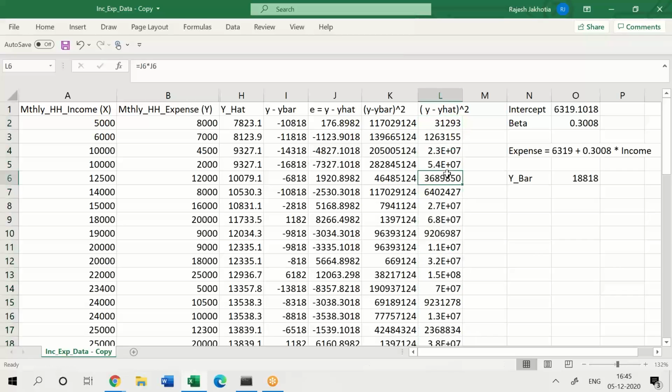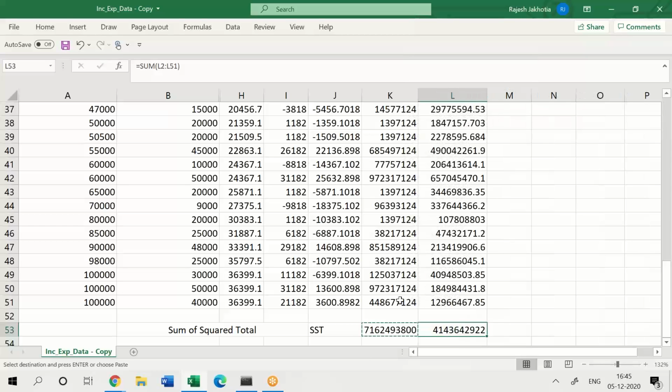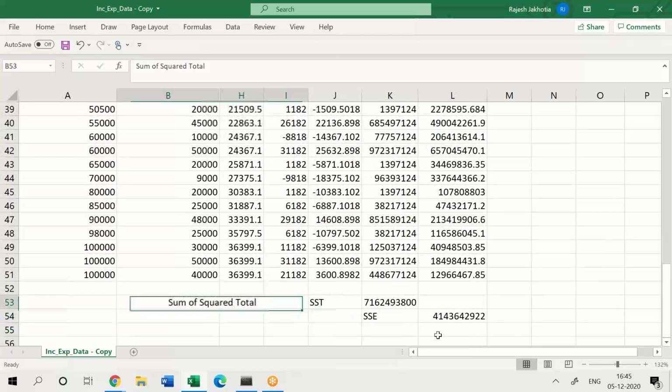Double click, autofill. Once again, we do summation. So this is the sum. Once again, we have got some big number in front of us. So let me Control X, Control V, and here let me write SSE.